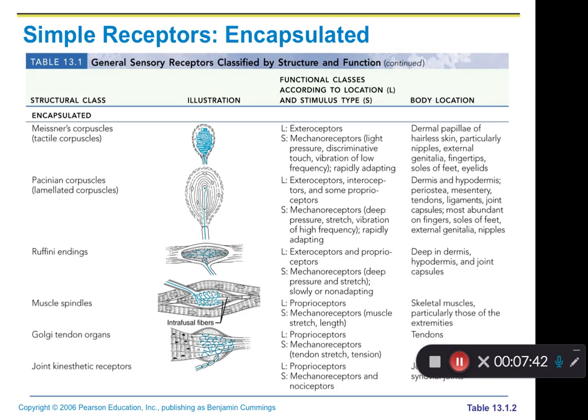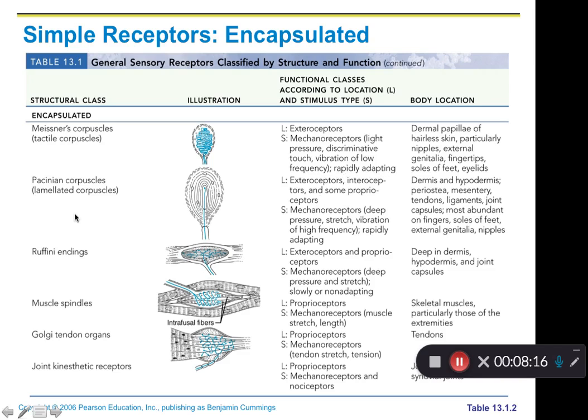It detects light pressure. It can sense discriminative touch, so it can distinguish the short distance between two points. It can also sense vibration of low frequency. It is rapidly adapting.